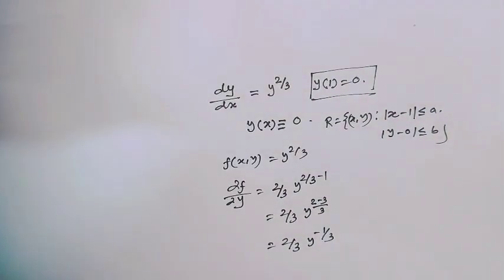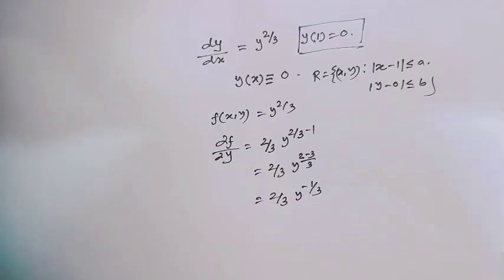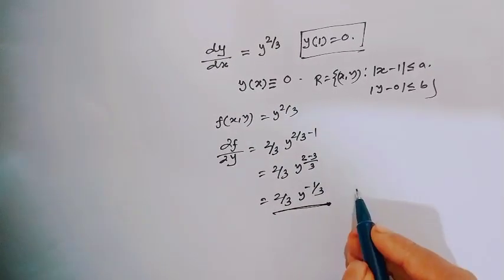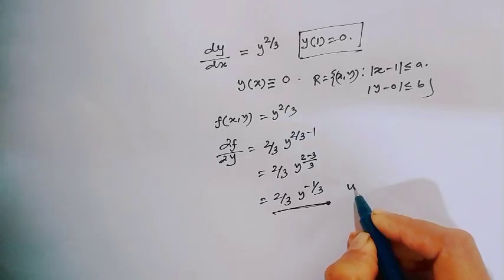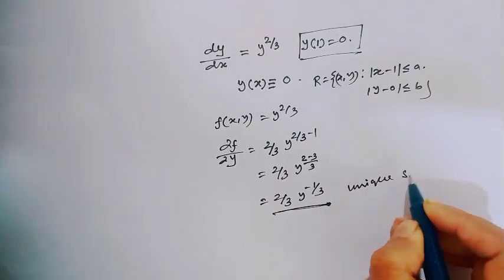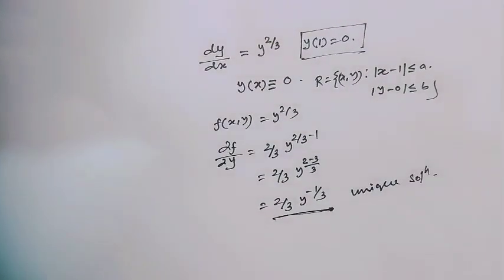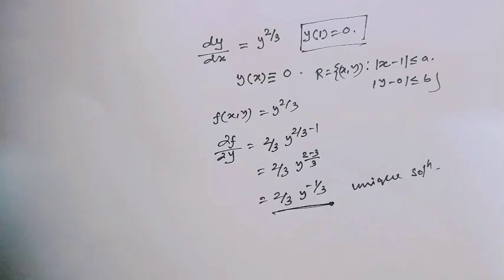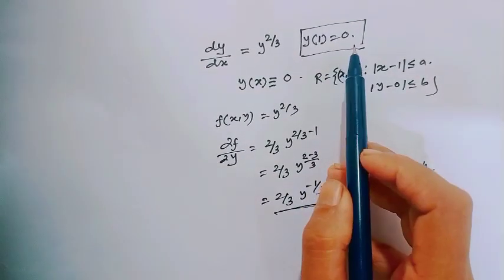In this region, notice ∂f/∂y is not continuous. So the unique solution is not guaranteed. This we can tell by the existence and uniqueness theorem. Then what does the solution look like? Notice here the initial condition y(1) equal to 0.